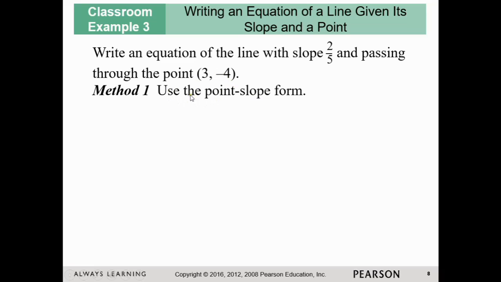So we're going to use the point slope form of the equation of a line, y minus y1 equals m times x minus x1. So we plug in the point, we put in the -4 for the y1, and notice we put in the 3 for the x1. And notice that we put in our slope here for the m.